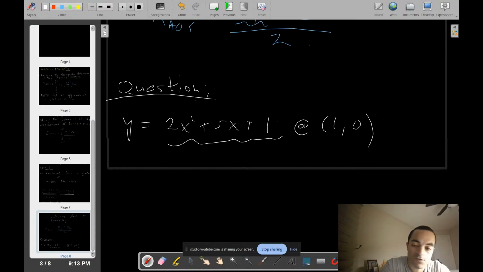And let's say the question said to find the vertex coordinates.